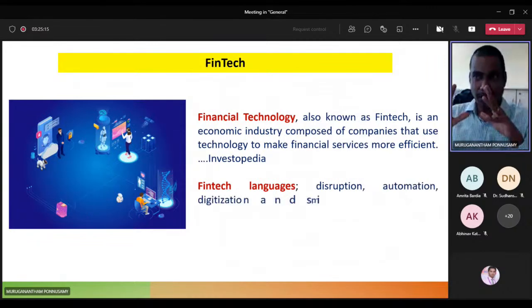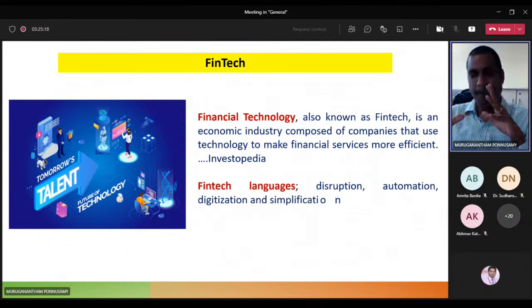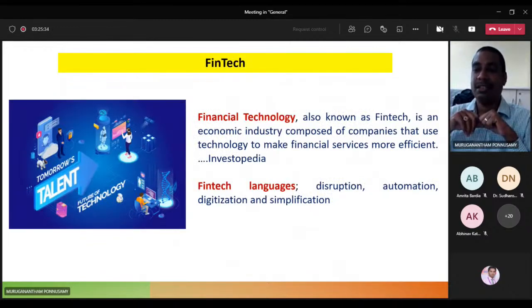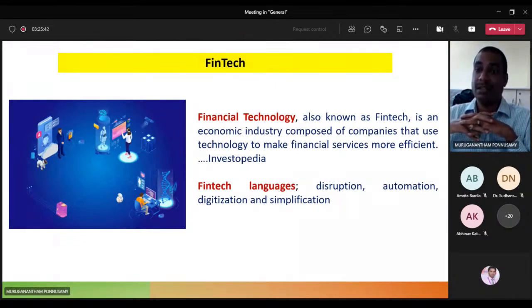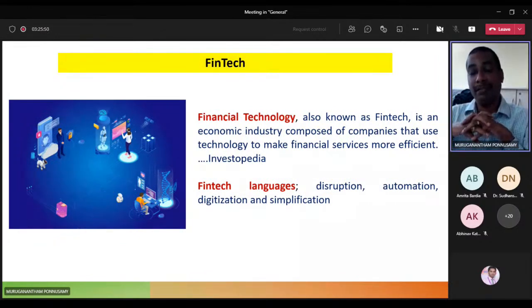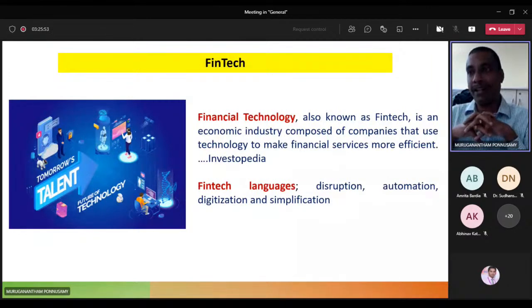If you want automation, if you want to reduce manpower, if you want to increase efficiency and accuracy, if you want to gain more trust among the users and partners as well as the society, we are supposed to have financial technology. If you talk about the language, some speakers may say disruptive, automative, digitative, or simplified.